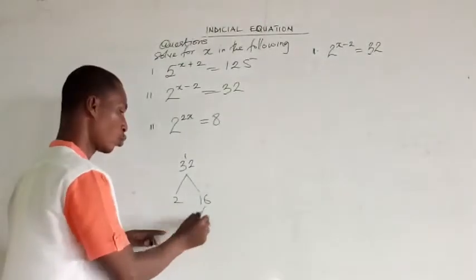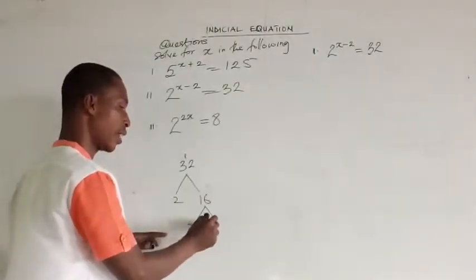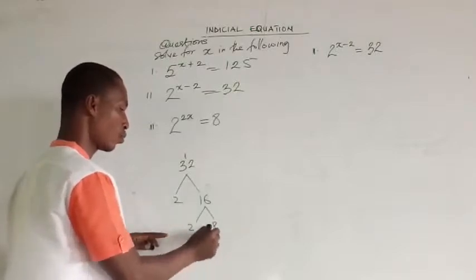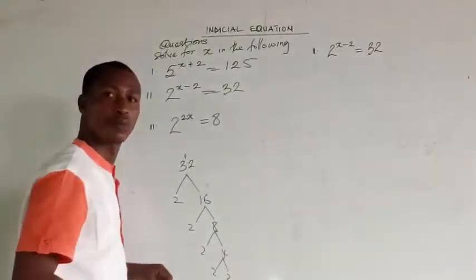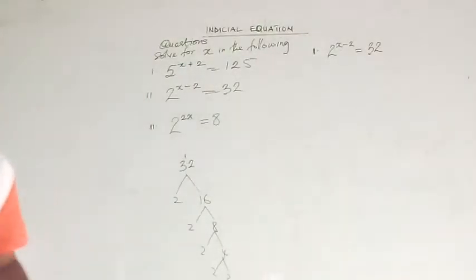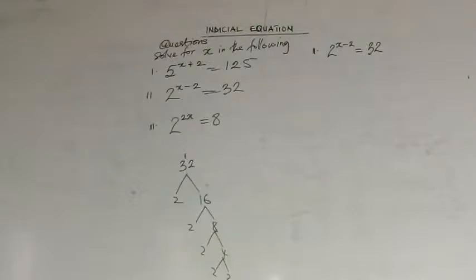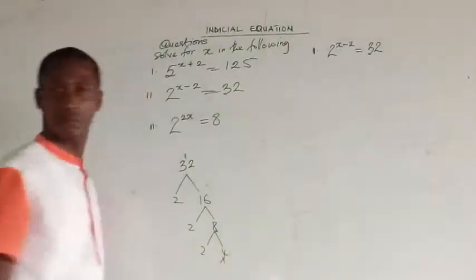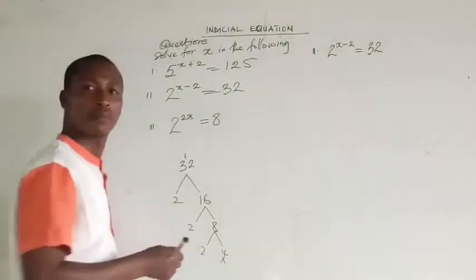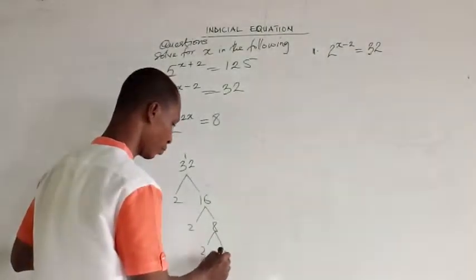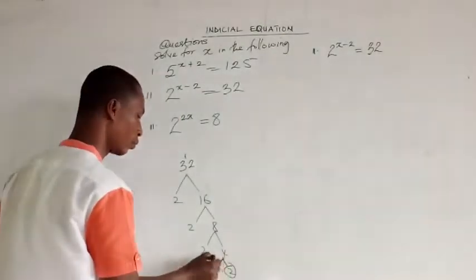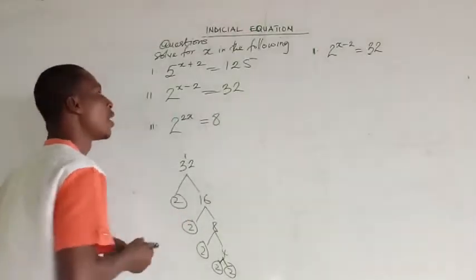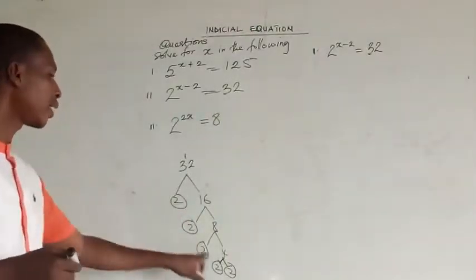Then I go further. 2 will go into 16, 8. 2 will go into 8, 4. 2, 2. Let me limit it since it's going off the screen. Okay, so we have 1, 2, 3, 4, 5, meaning that 32 is the same as 2 to the power 5.